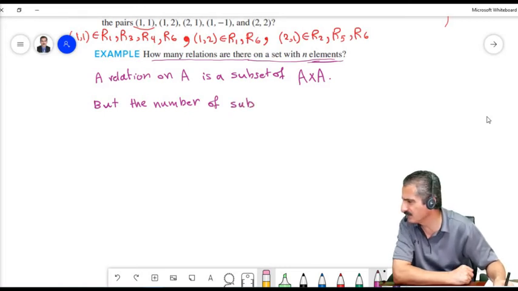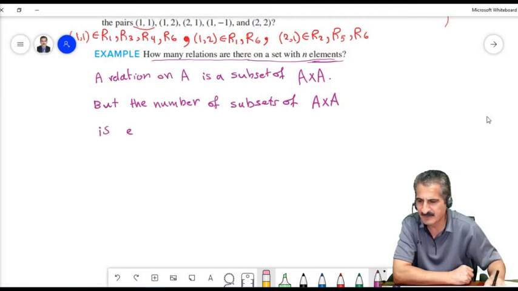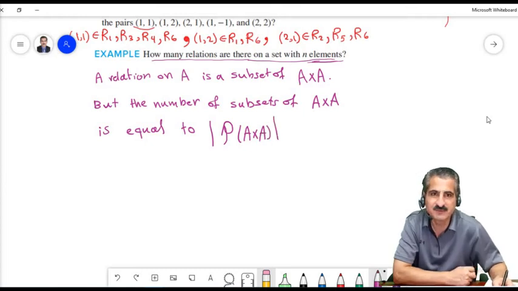You gave me an answer and I said correct, but it is not very correct. Think about it again. The number of subsets of A cross A is equal to the cardinality of the power set of A cross A, because the number of subsets is the number of elements of the power set.